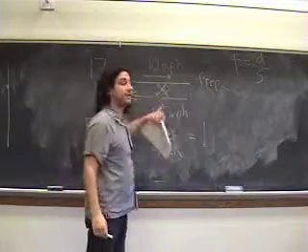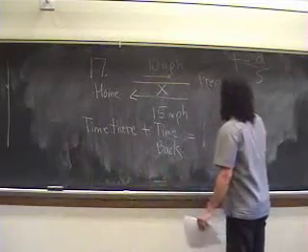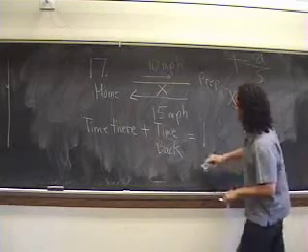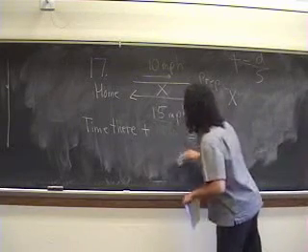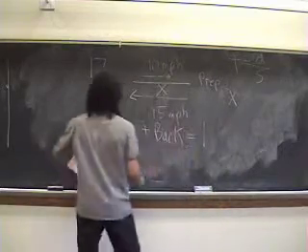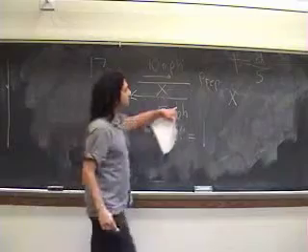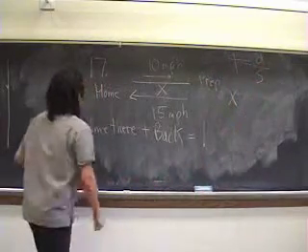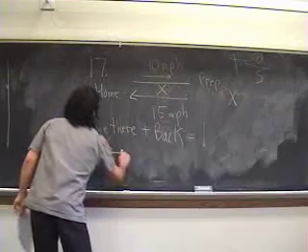The distance is x. Actually, let me write it over here. So the time is distance over speed. We have distance of x.